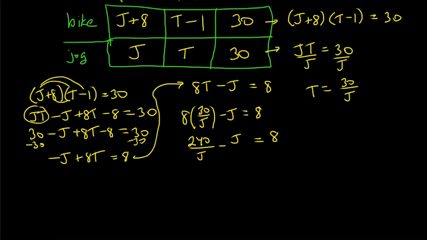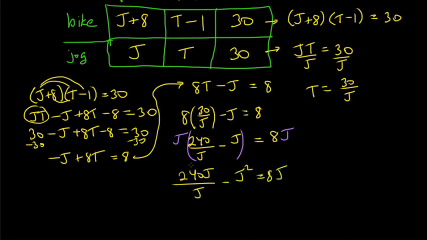We should probably multiply by the least common denominator, which in this case is just j, right? There's only one denominator, it's j. So multiply both sides by j. And when you do that, you get, well, 240 times j over j minus j squared equals 8j.